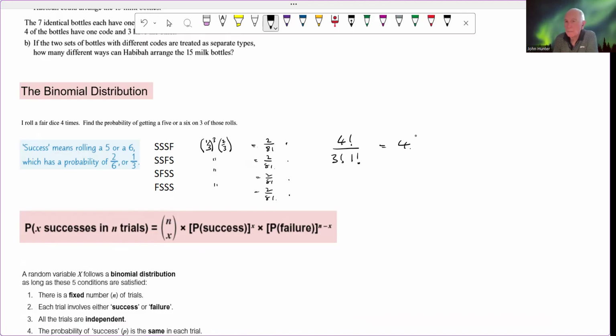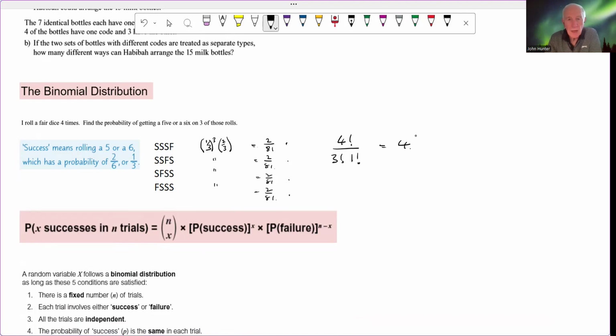Yeah, okay. So when we are looking at how many successes we get out of a total number of trials, use the word trials as well, it's the number of rolls. So here the number of trials would be 4, and we're looking for 3 successes.